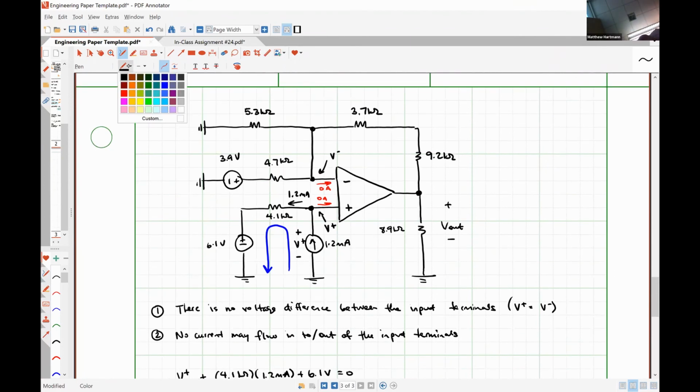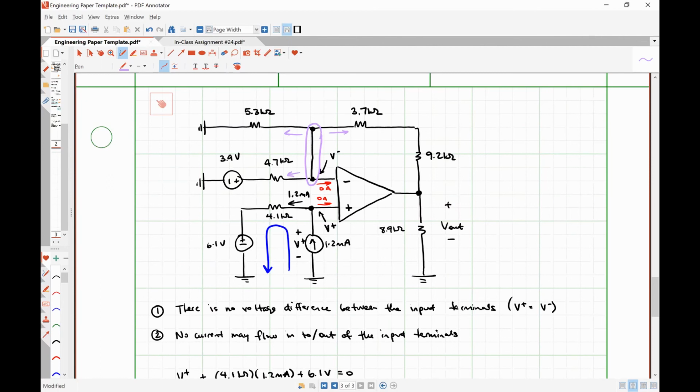We're going to apply it at this node. And so what I mean by that specifically is we're going to take this current, and this current, and add them all up and set it equal to 0. But before we do that, I guess there's one other thing that we could do. The 3.7 kilo ohm resistor and the 9.2 kilo ohm resistor, how are they connected?